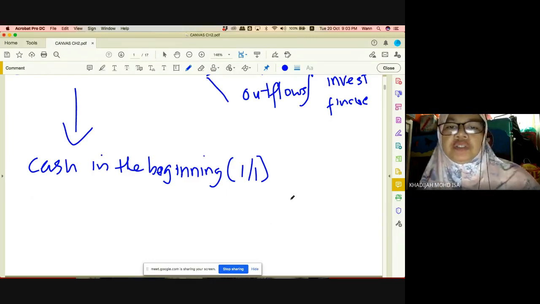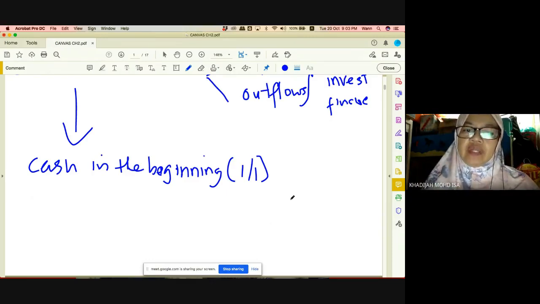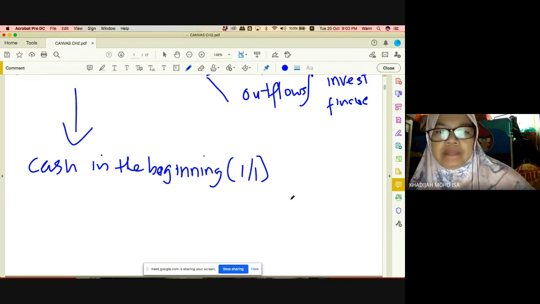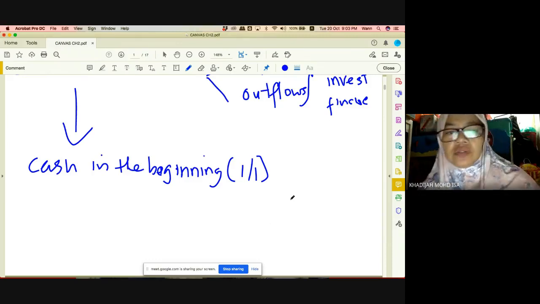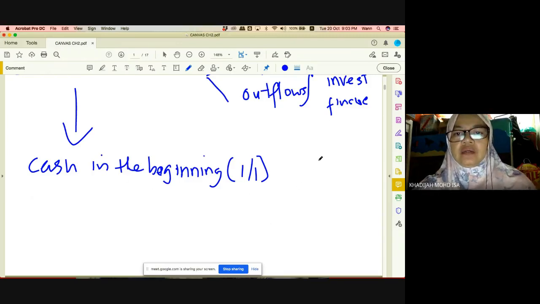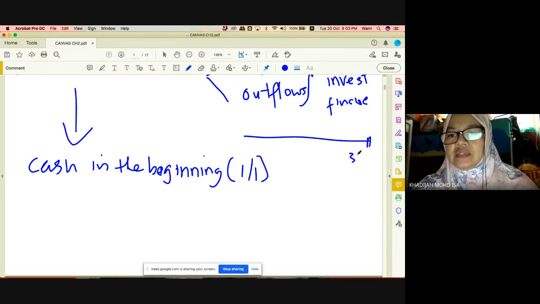But in Malaysia, we have many companies whose year end is not 31st of December. We can have a year end of 30th of June, or 31st of January. So in that case, let me show you the timeline. If your year end is 31st of December, it means the one-year period must start on 1st of January.